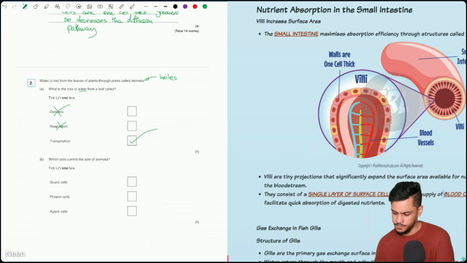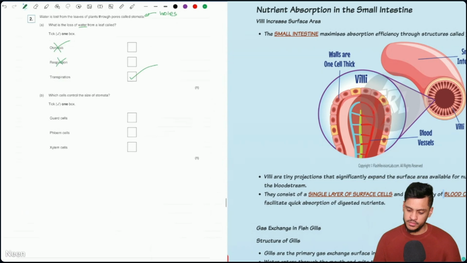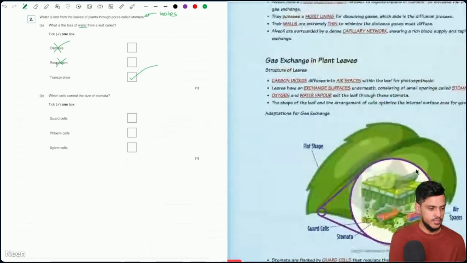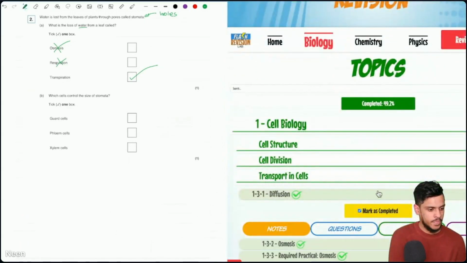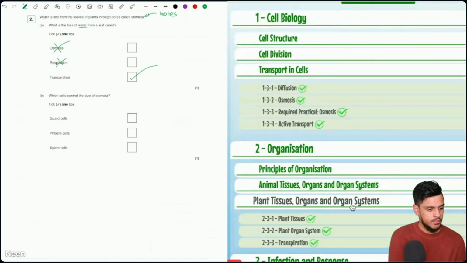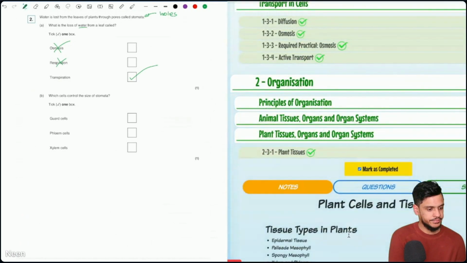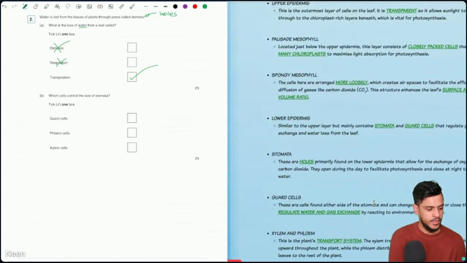Not respiration either. Which cells control the size of the stomata? Who knows that one? That should be an easy one. Let me get this topic up. Plant tissues. Yep, well done, Abby.